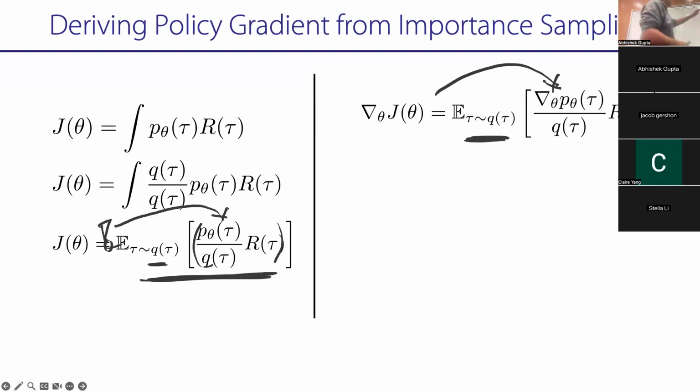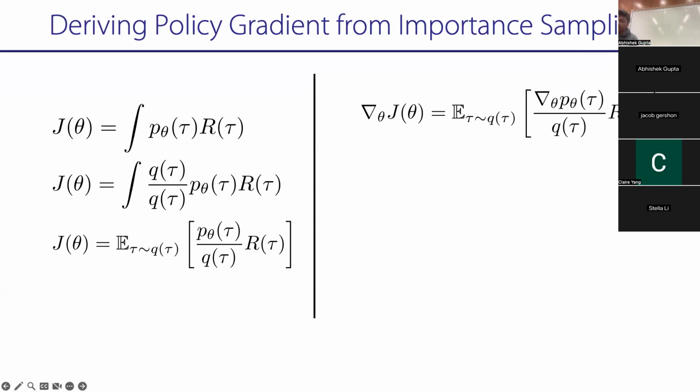So we started from our original objective. We multiplied and divided by q. We rearranged the terms to get the expectation under q of p by q times r. Then we took the gradient of this and pushed the gradient all the way inside. And then we can choose q to be whatever we want, right? Let's set q to be data from our current iteration, which is theta I. So what are we going to get?